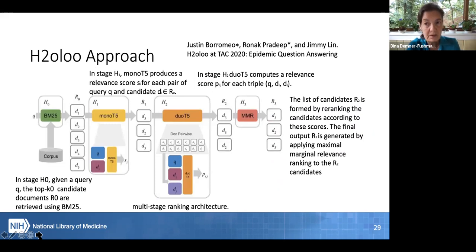The University of Waterloo actually took a totally different approach. They have their system that they built for TREC COVID, and they did very minimal changes. So it's almost a zero shot attempt to use a good system on a new task. And you can see that their system is also very sophisticated. They do retrieval, they do two types of re-ranking.